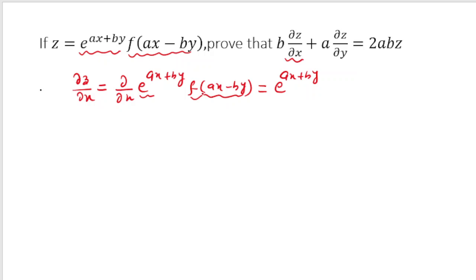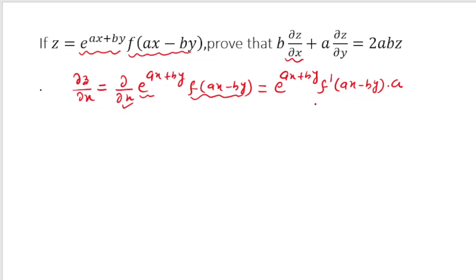I don't know what this function is, so if I have to differentiate, I am writing the derivative as just f dash. F dash is the derivative of the function f. So I am writing f dash of ax minus by. Derivative of a function of ax minus by with respect to ax minus by is f dash of ax minus by. But since I am differentiating it partially with respect to x, I have to differentiate ax minus by also with respect to x, so that will give me a, right?